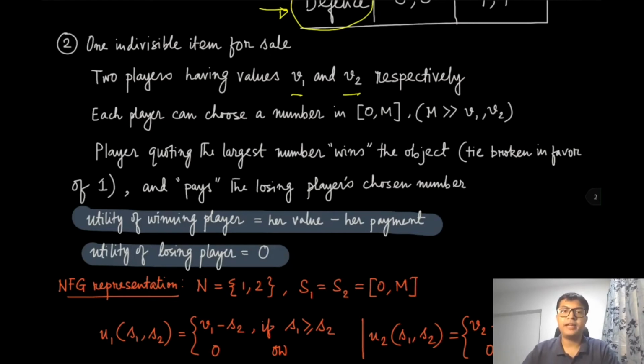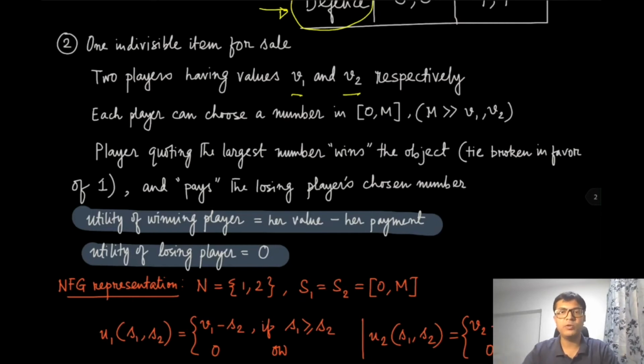Now the rules of the game are as follows. The player who quotes the largest number will win that object, this indivisible item, and ties will be broken in favor of player 1. This is an arbitrary tie breaking. But the winner pays the losing player's chosen number. So if your valuation is, let's say, $100, and you quote a value of, let's say, $90, and suppose the other person has bid something like $80, then you win.